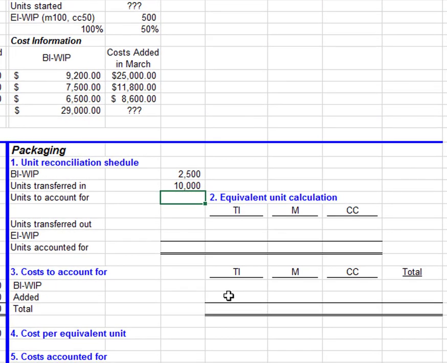Okay, so my total units to account for, 12,500. I want to account for all 12,500. The ending inventory work in process is 500 units. And so we can back into the units transferred out. In this case, they'd be transferred to finished goods if packaging is our last department.